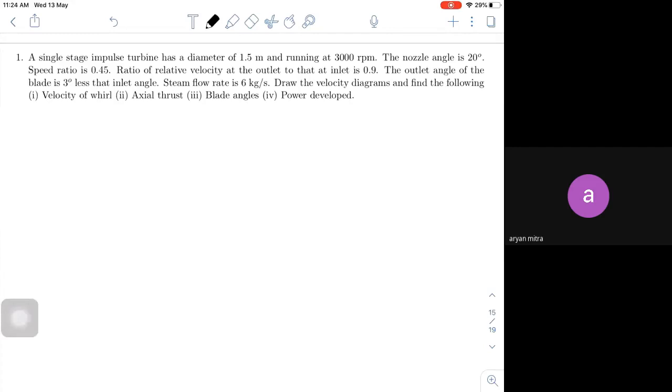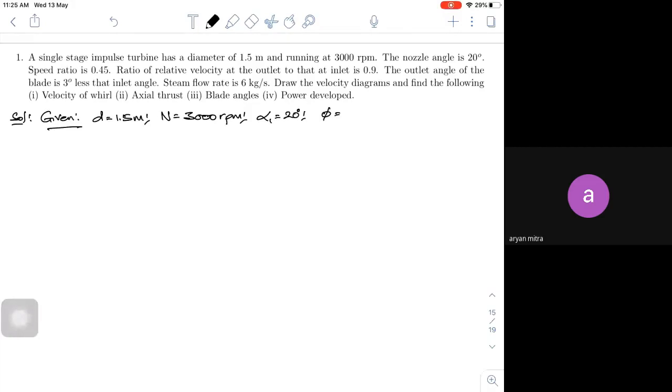Let's write the data that is given. Solution: the given data. The diameter is 1.5 meters, and the speed is 3000 rpm. The nozzle angle alpha 1 is equal to 20 degrees.